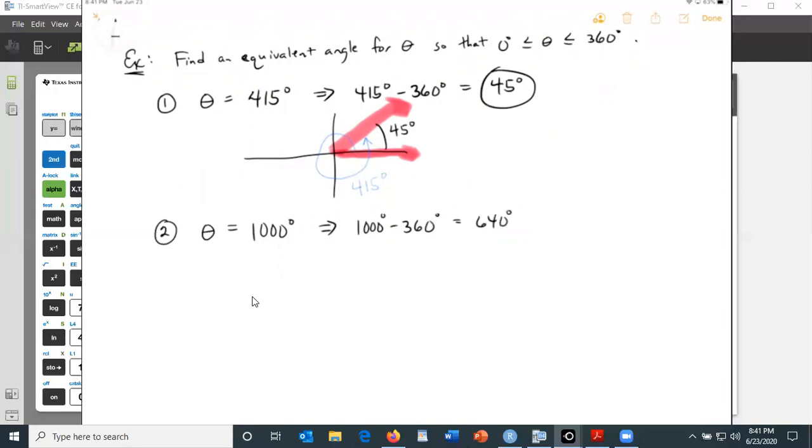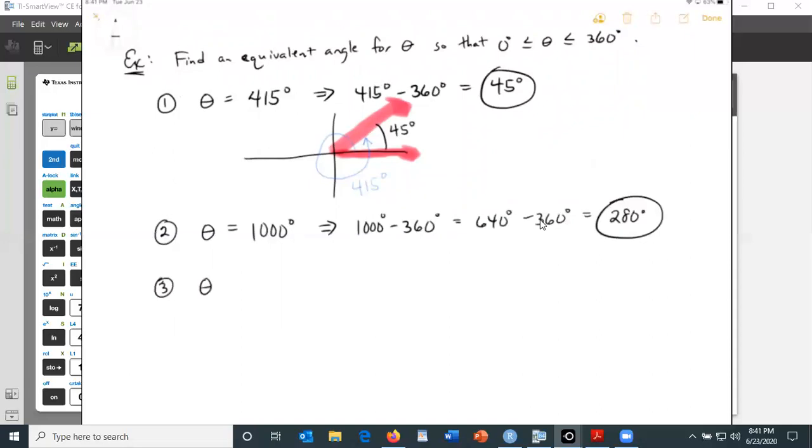Oh, you got to go again. Subtract again, you get 280. So sometimes you have to add or subtract 360 more than once until you get it between 0 and 360. All right, and we won't draw that one.